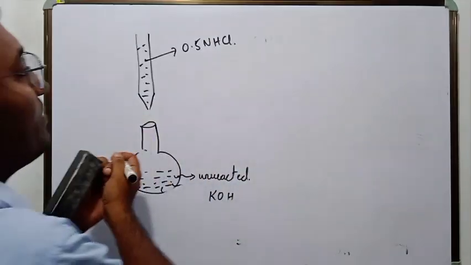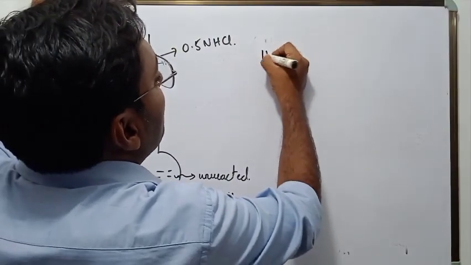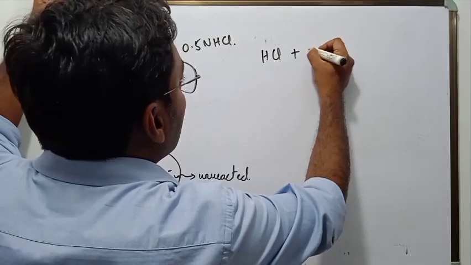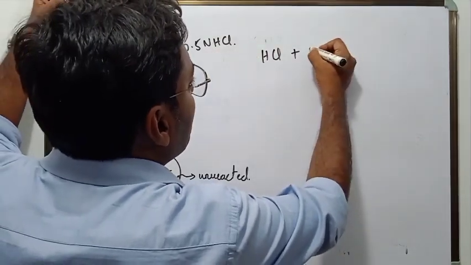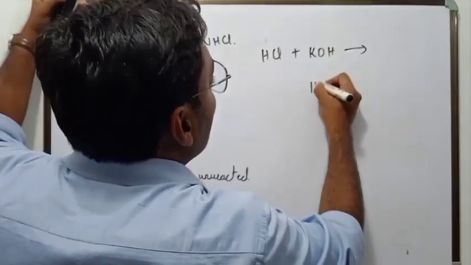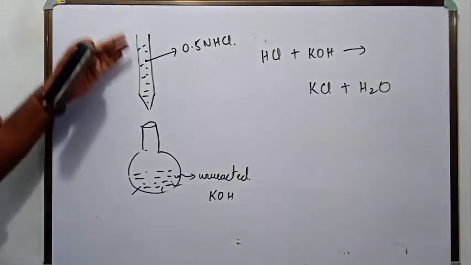What would happen as each drop falls? That HCl would react with KOH, and that would result in a salt plus water. So this reaction will go on.